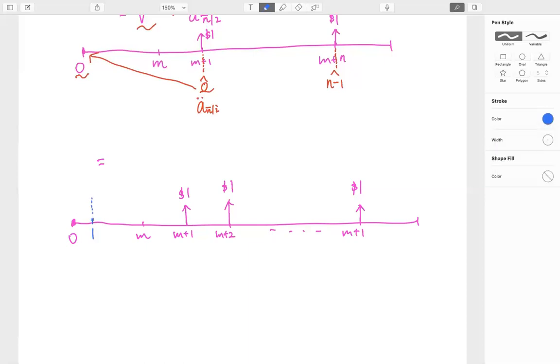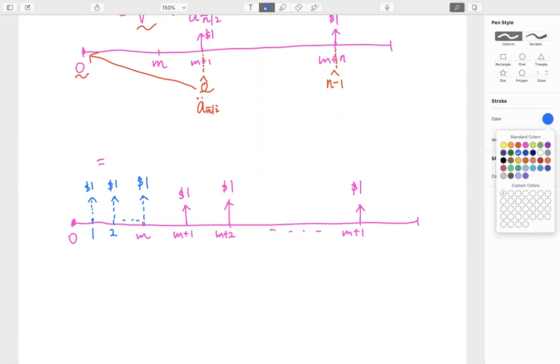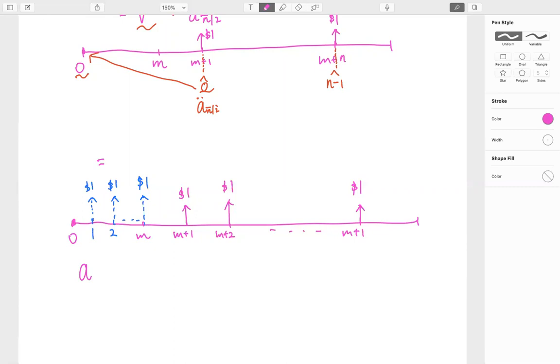So I put a dotted line. So imagine I have this new payment. So what I do is I add those payments in blue. Then what I have. So if I consider everything, what I have is an annuity immediate, right?